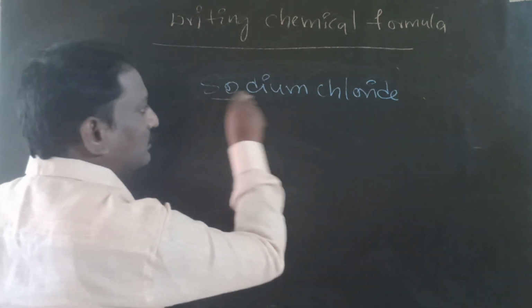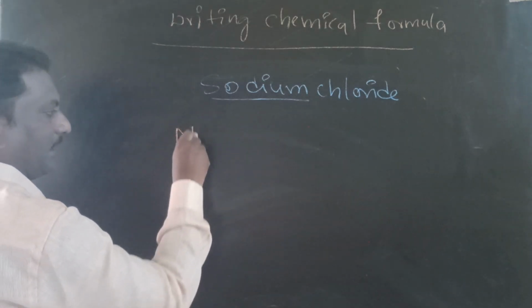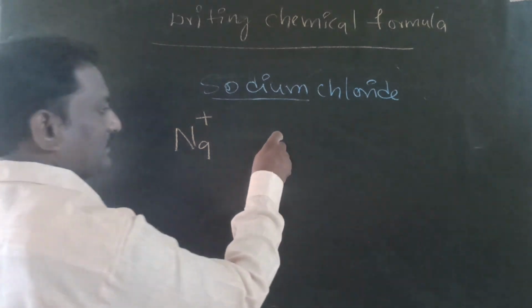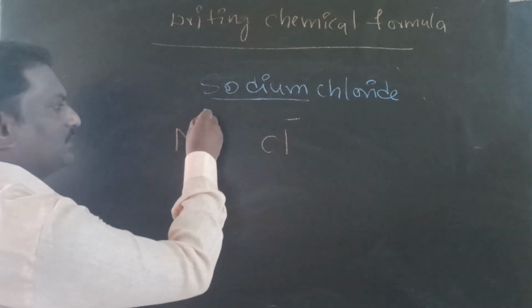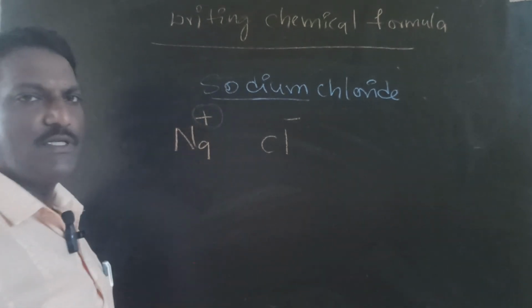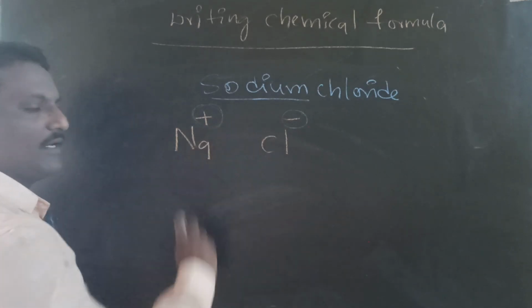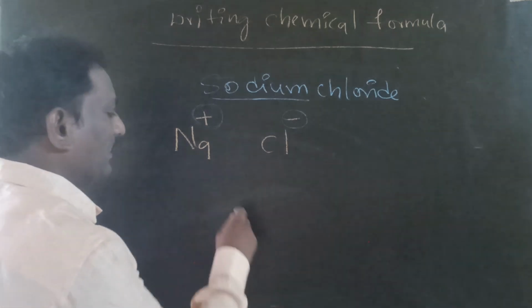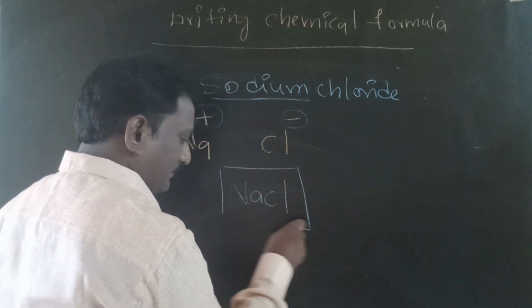In this one, sodium is a metal ion, sodium ion, Na plus. Chloride ion, Cl minus. One is a mono positively charged ion, the other a mono negatively charged ion, both equal in magnitude. So there is no need to crisscross. Directly you should write NaCl, sodium chloride.